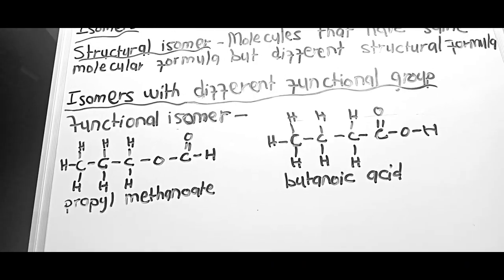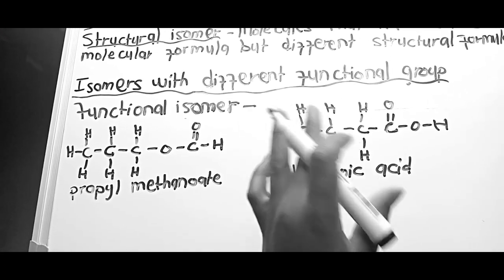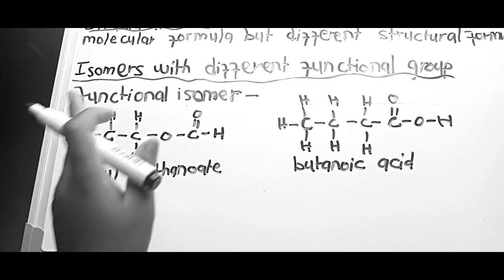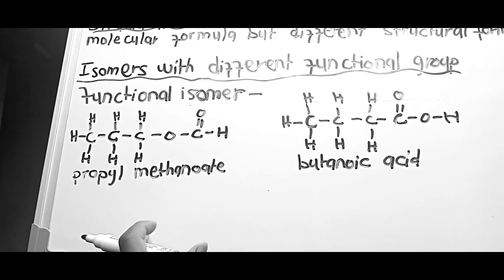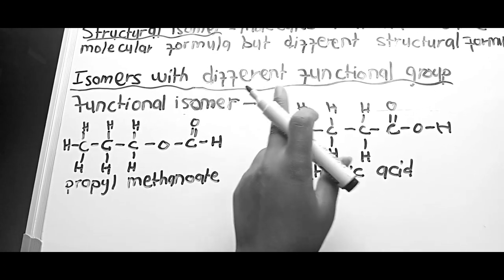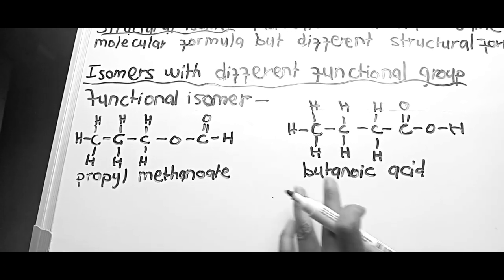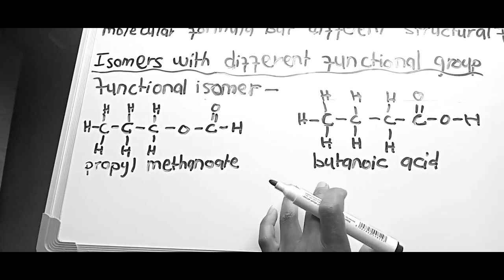So guys, I have examples here under functional isomer. I have erased the definition just to get a little space, but just know functional isomers have the same molecular formula but different functional group. As you can see, isomers with different functional group. So ester goes along with carboxylic acid, right? This is the relationship they share.